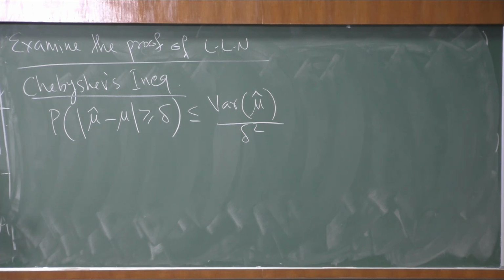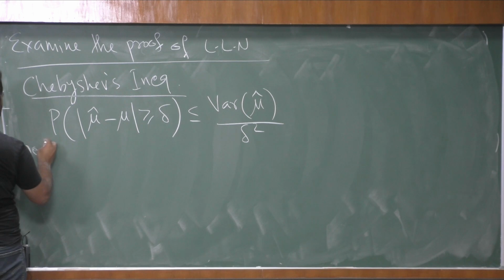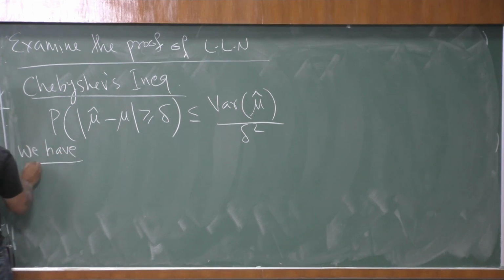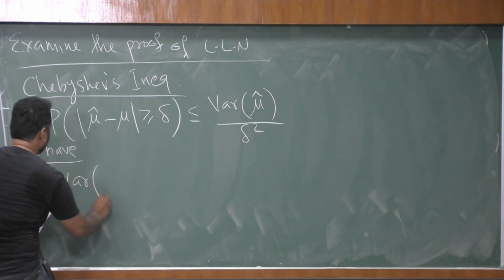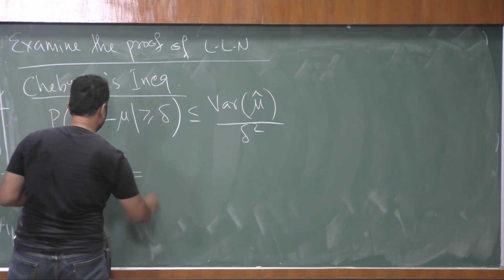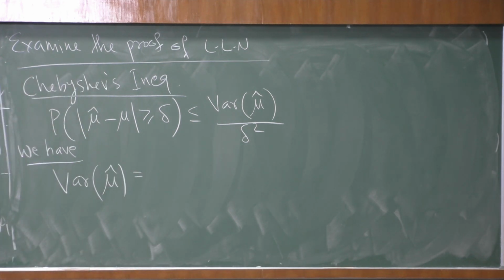So in our case, the variance of mu hat is, so mu we have written here, this is our mu, and we will apply the variance on this.